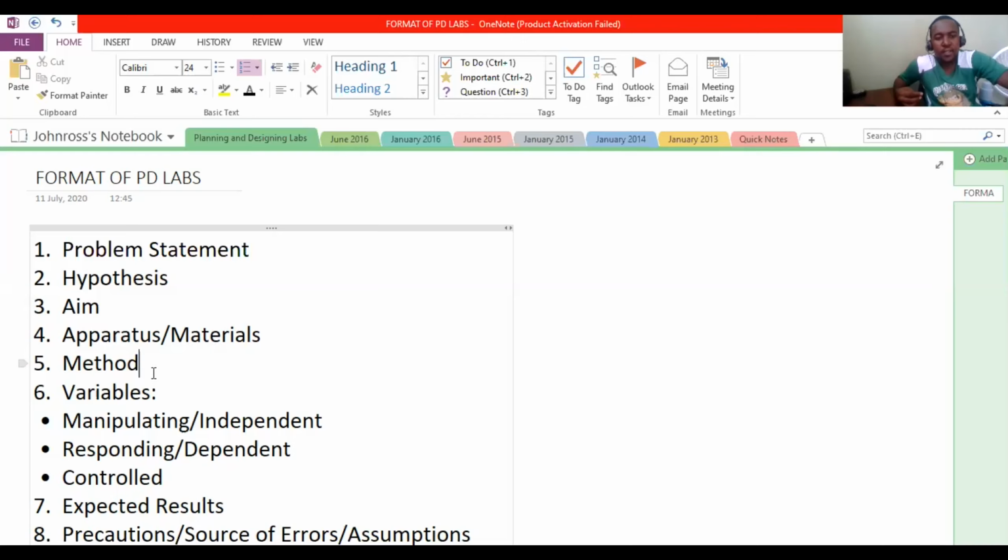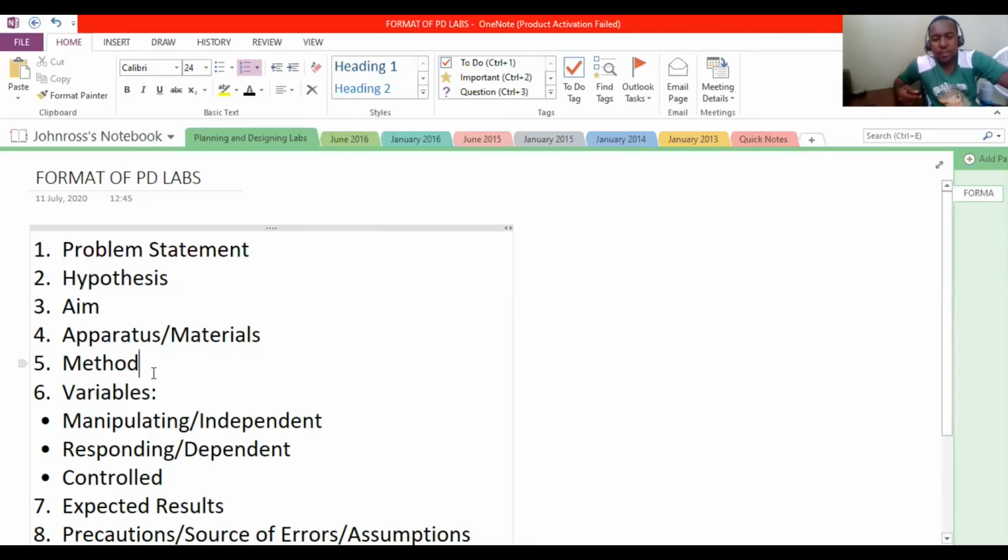These are the things we keep constant, and there's always more than one when you do an experiment. So if you're keeping the volume of a specific substance the same, or the concentration, or the mass, whatever it is, those things will have to be listed under control variables.